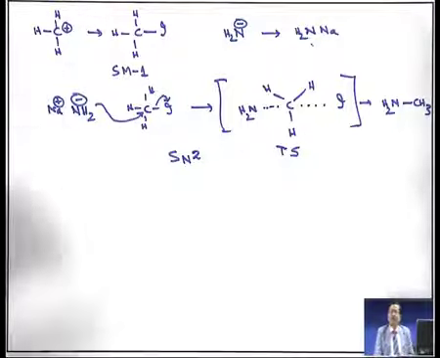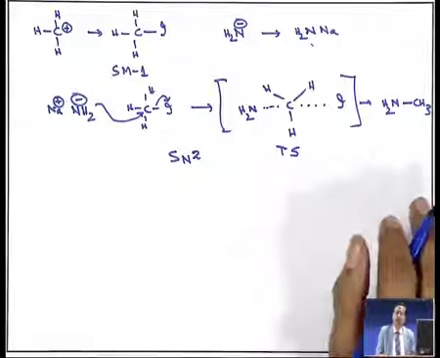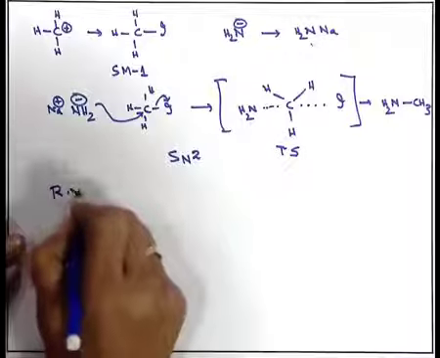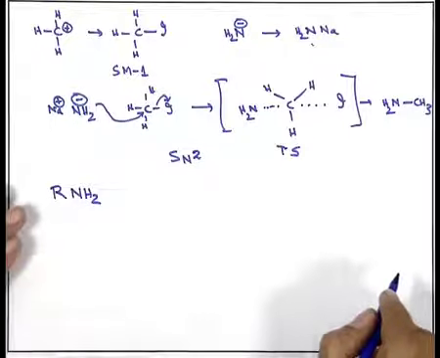So, in this way we are able to make the very simple carbon nitrogen compound, and taking other substituents we can make ethyl, n-propyl, isopropyl, t-butyl, n-butyl, isobutyl, all these types of amine compounds. So, I can write a general formula that RNH2 is the general formula of the alkyl amine.